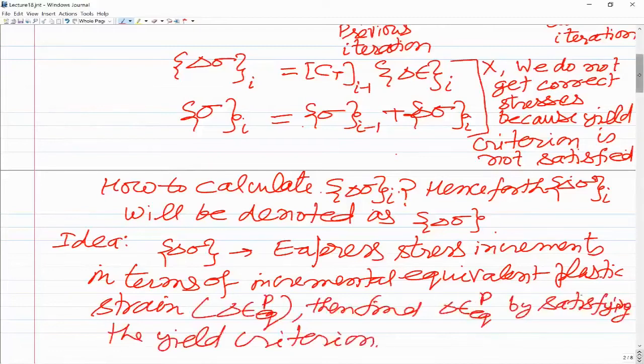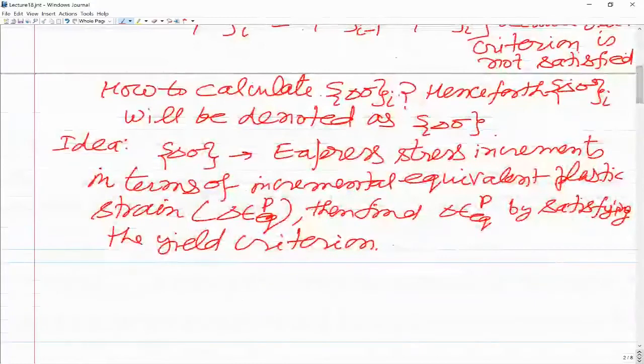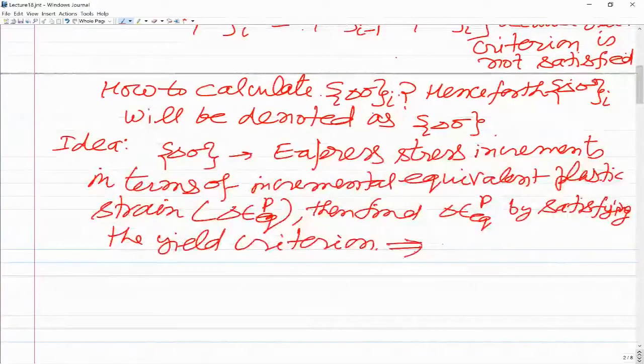And this approach is known as the return mapping approach. So there is a name for this.